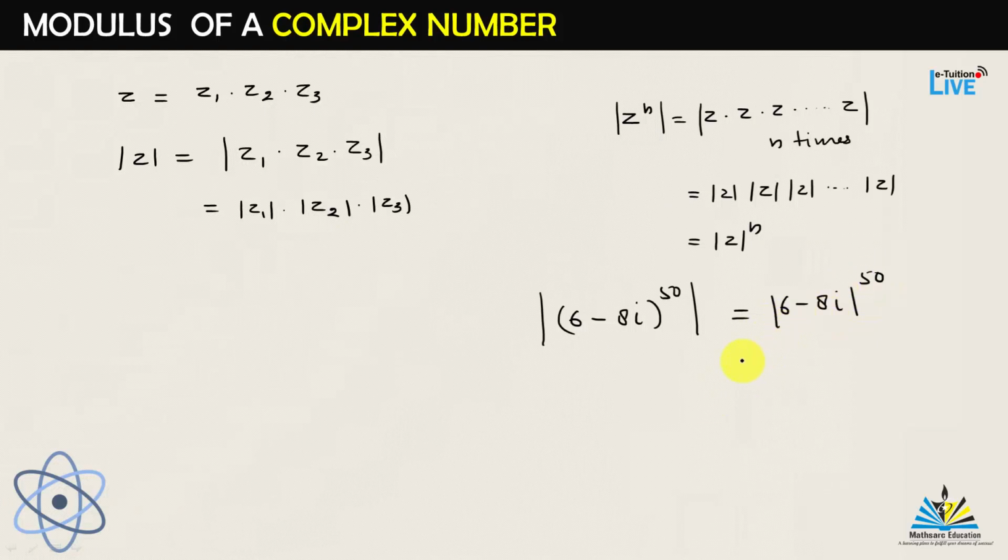This is equal to under root of 6 square plus minus 8 square, or 8 square is same, and whole power is 50. 36 plus 64 is 100, so under root 100 is 10, so this is equal to 10 to the power 50.